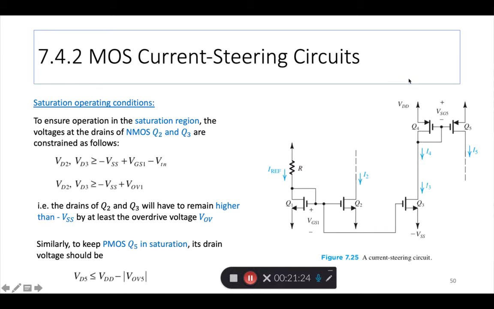As I told you, this is a double power supply circuit, not just VDD, but we also have minus VSS. That means you can operate many more devices, so two power supplies are better than one. Normally, if we didn't have it, we would just say VD has to be greater than or equal to VGS minus VTN. You saw that before.